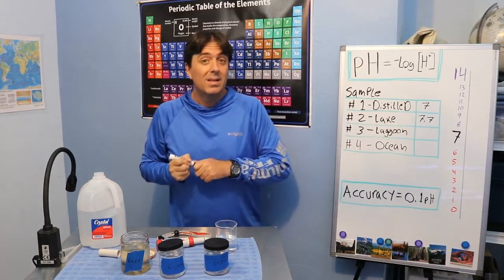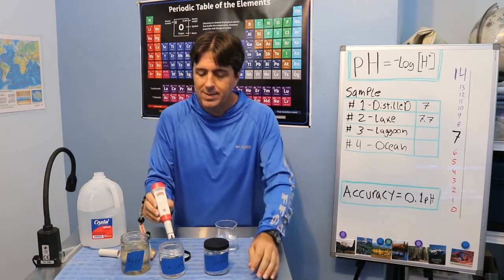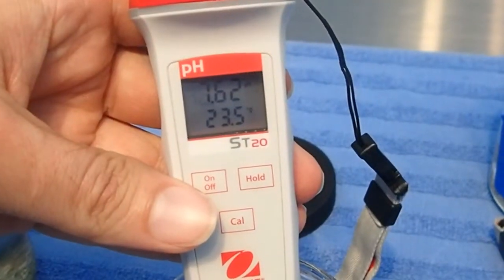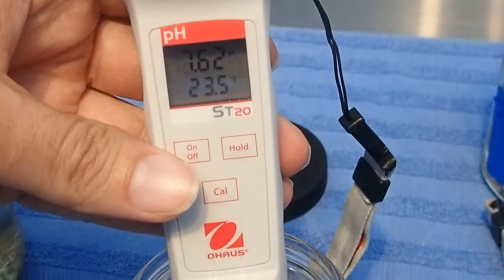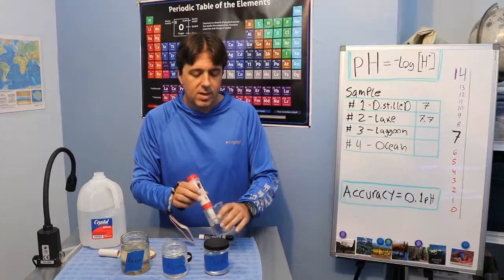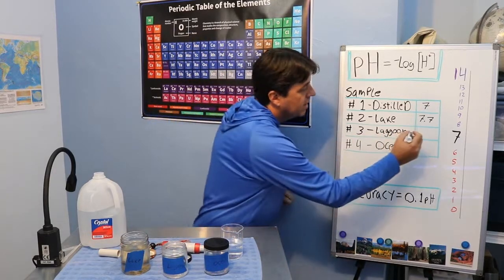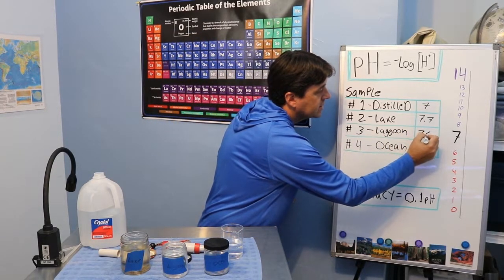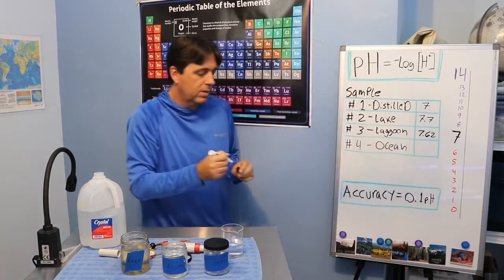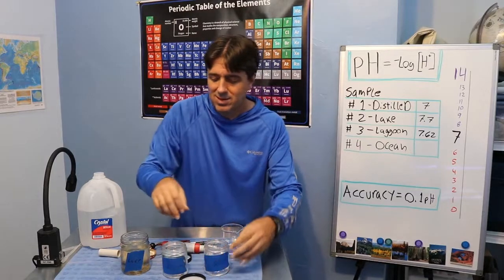Now, let's get to our lagoon. Okay, it looks like the lagoon is 7.62. I'm going to do a little rinse off here and write my numbers down. 7.62. Now let's go for the ocean.